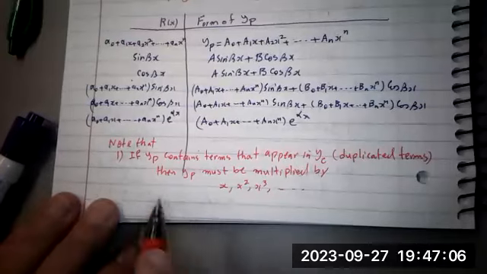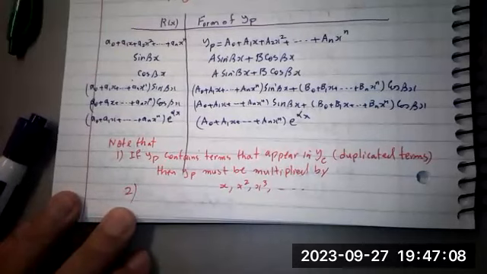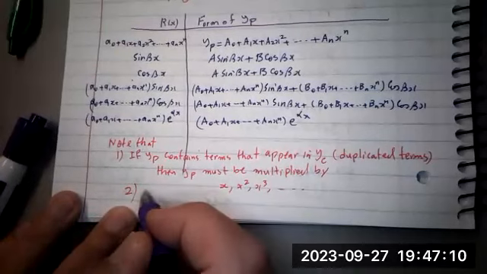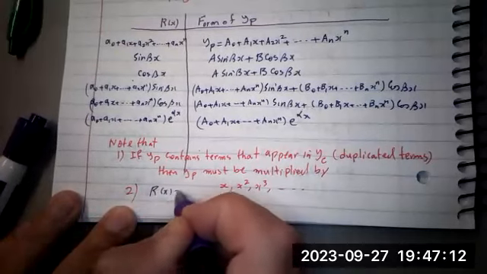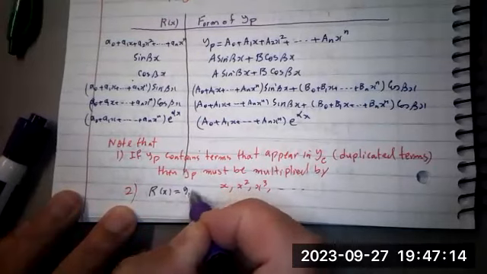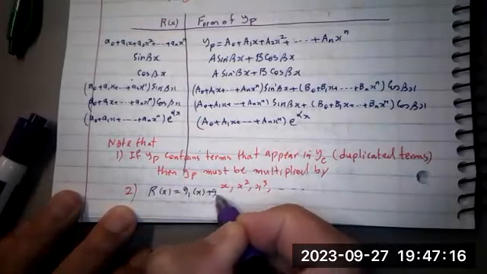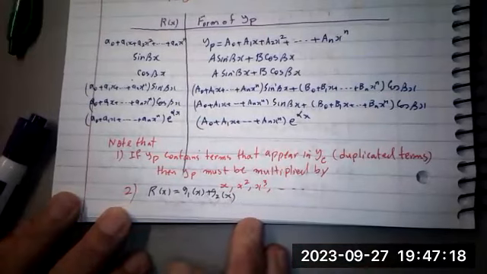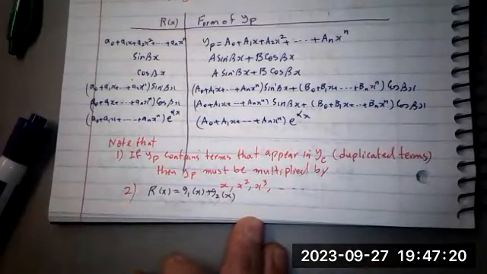The other one is, sometimes this R of x is a combination of a couple of functions, g1 plus g2. You may get a polynomial plus sine, cosine. You do it one by one.